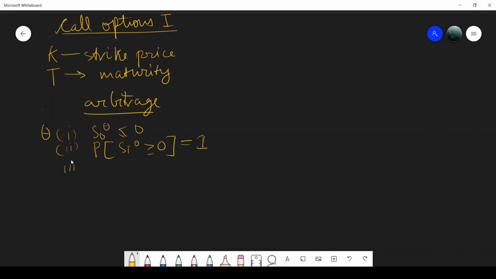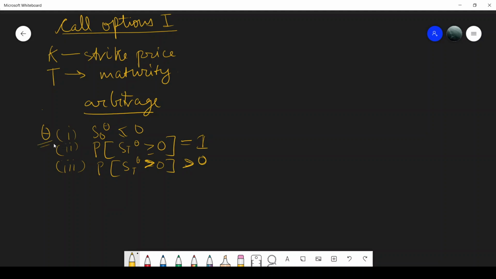And the third is P of S t of theta greater than 0 is greater than 0. Note that this is greater than, not greater than or equal to, and this one is greater than or equal to. So theta here is a self-financing strategy.